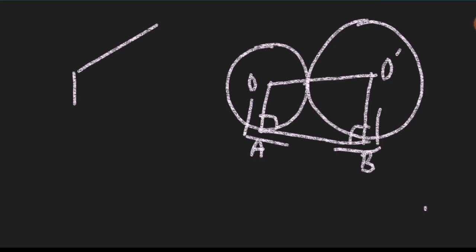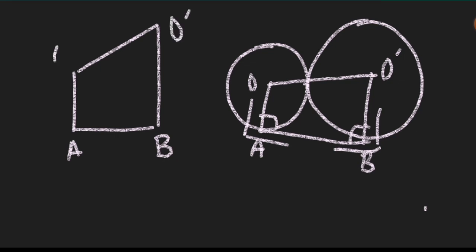Here I will just draw a rough figure of this quadrilateral. Suppose this is A, this is B, this is O dash, and this is O. Now this angle is 90 degrees, this angle is also 90 degrees. The length OO dash is equal to the sum of the two radii, that is R1 plus R2.